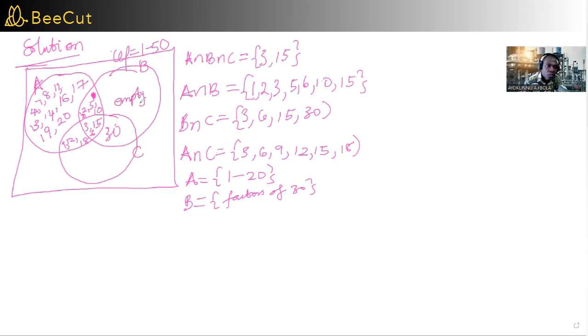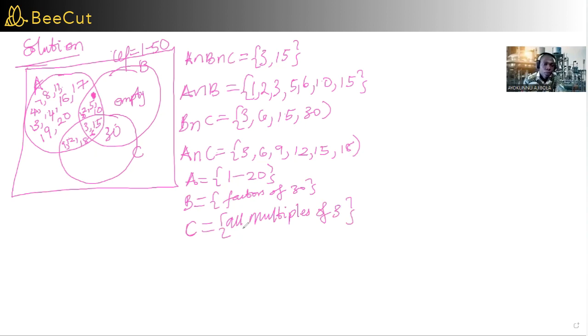A only is this, B only is this. So let's go for C only now. To fix our C, C is going to be all multiples of 3, like you said. So all multiples of 3 that exist within the universal.